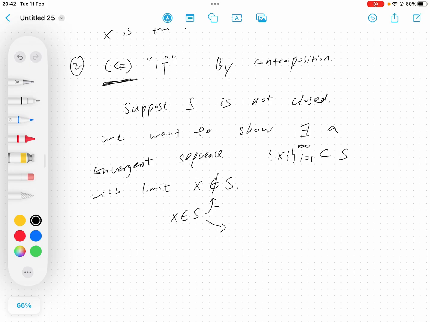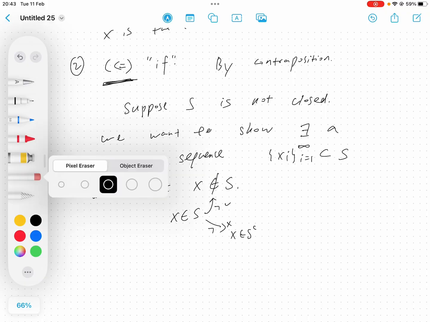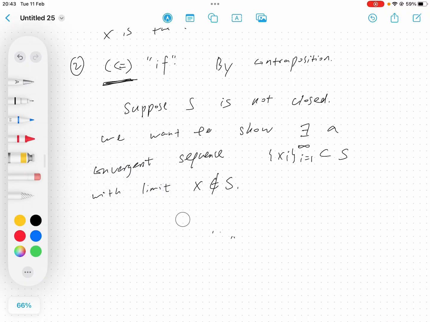But we cannot say that the negation of this is, let's say, X in S complement. This is not okay. All right, so that's what we want. Good, so how do we do that?